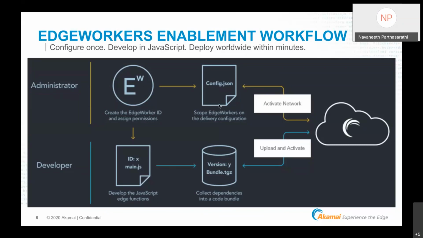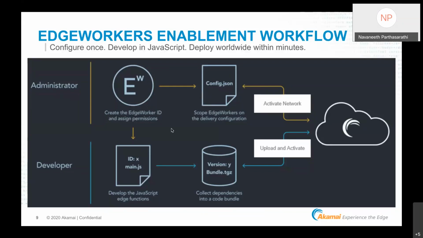And secondly, the administrator can define the scope of the delivery configuration. It can be a particular path of the URL, or a particular condition on which the edge worker will work. That is stored as part of the configure.json file. Once this is done, it activates the edge worker on the network.